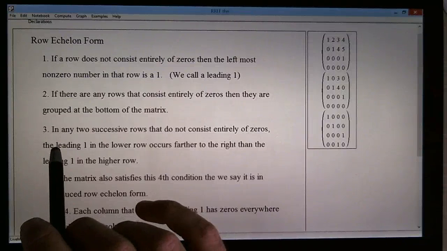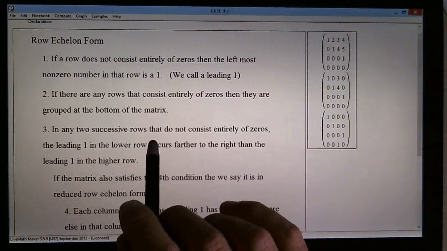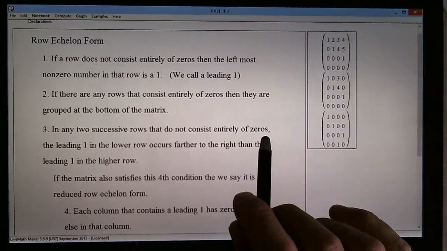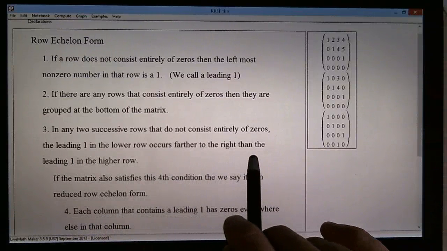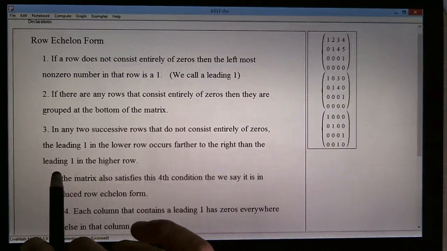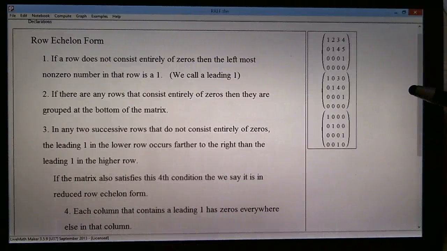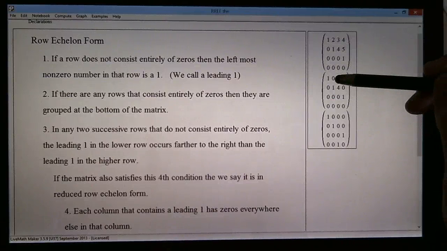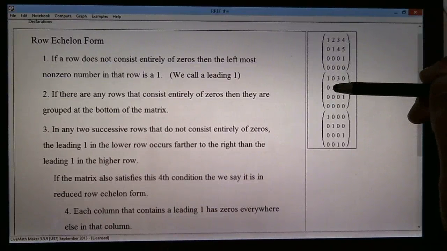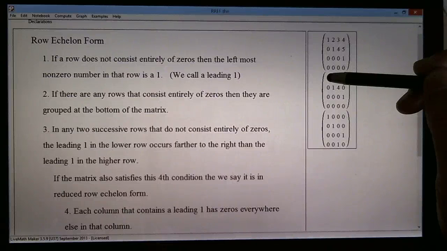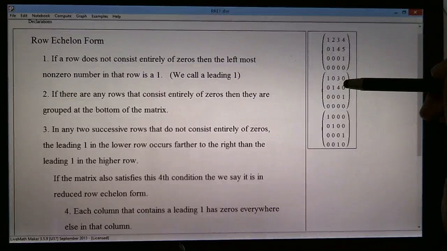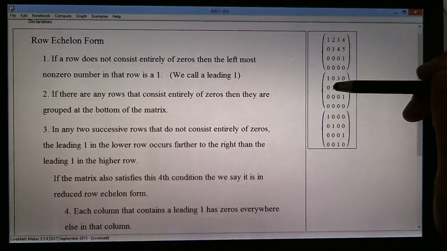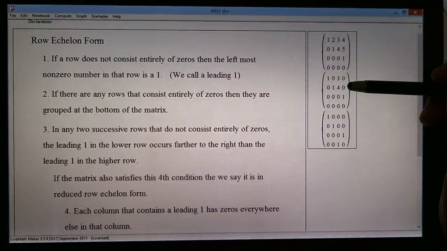And 3, in any two consecutive rows that do not consist entirely of zeros, the leading one in the lower row occurs further to the right than the leading one in the higher row. So notice, looking here, pick these two consecutive rows. The leading one is in the first column and the leading one is in the second column. So we're good. The lower row has the leading one further to the right.